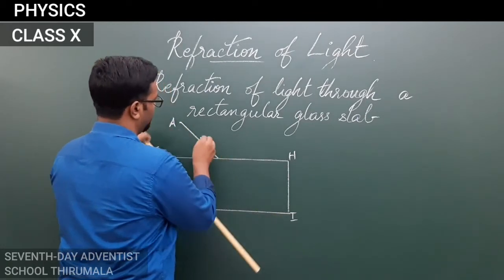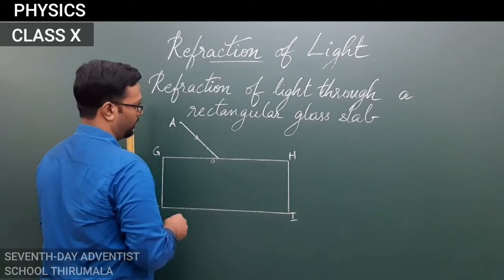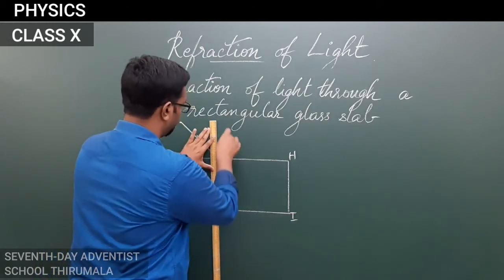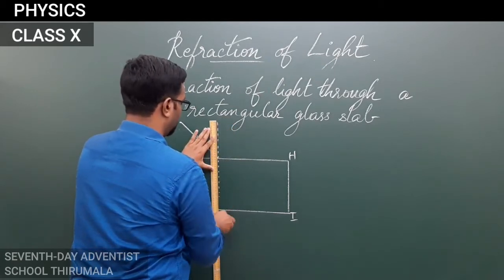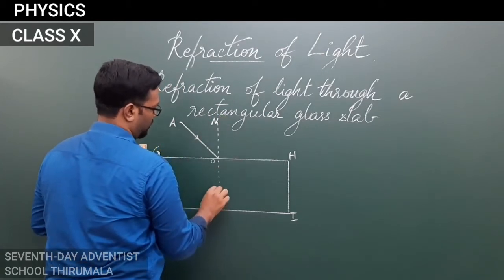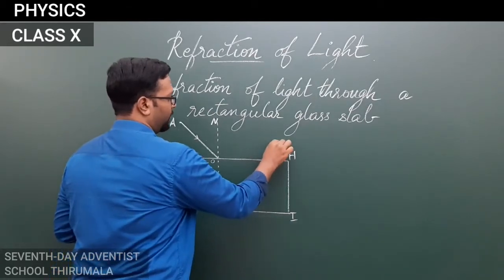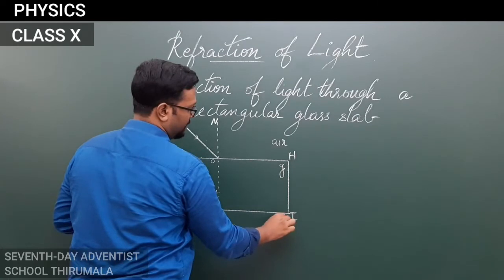It is the incident light ray, and it falls at the point O, and at point O we can draw a normal N dash. This is air, this is glass, and again this is air.